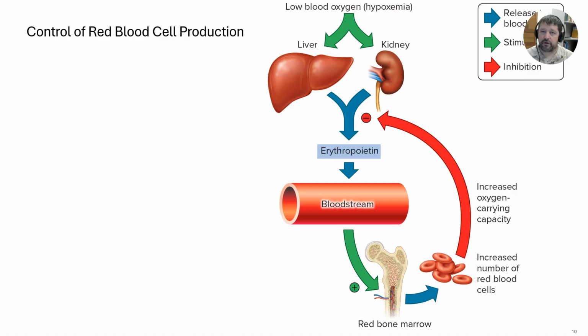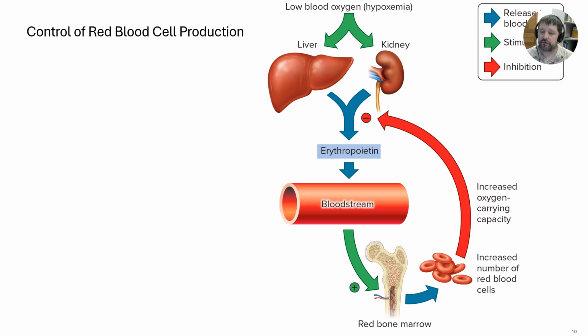So how does this work? Hypoxia or hypoxemia is low blood oxygen. So that triggers the production of erythropoietin, normally from the kidneys, secondarily from the liver. That gets in the bloodstream, that gets to the bone marrow.